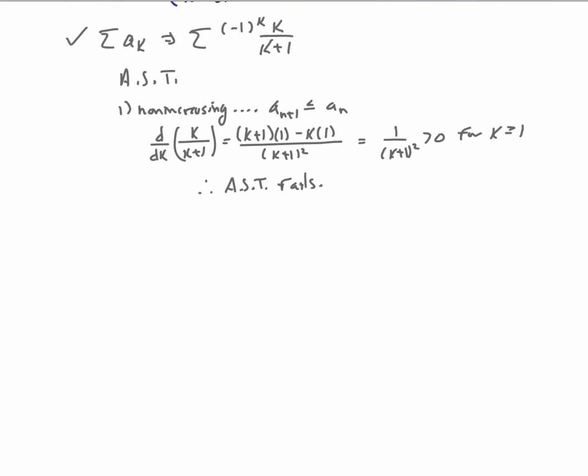So we're going to have to go after the divergence test. Real quick, we already know the outcome of this. We take the limit as k approaches infinity of k over k plus 1, which equals 1, which does not equal 0.